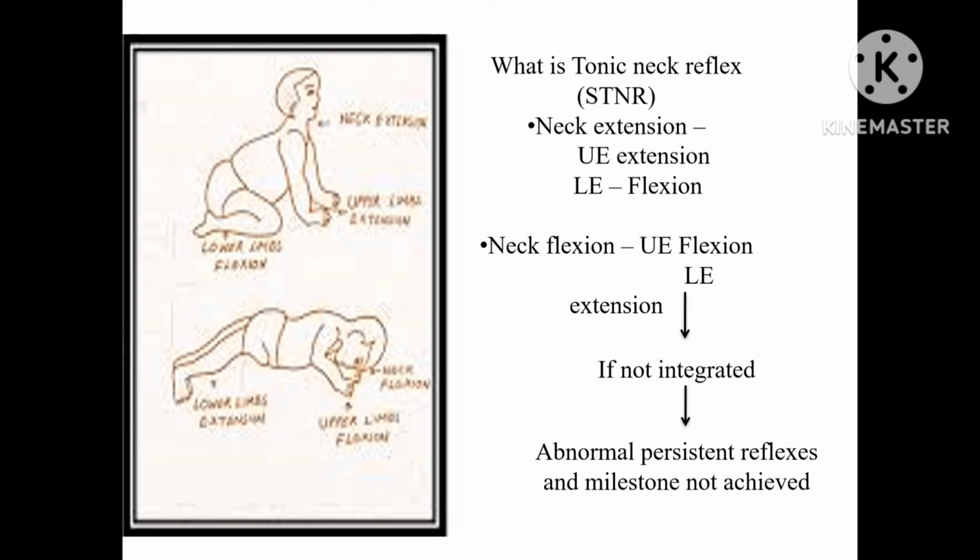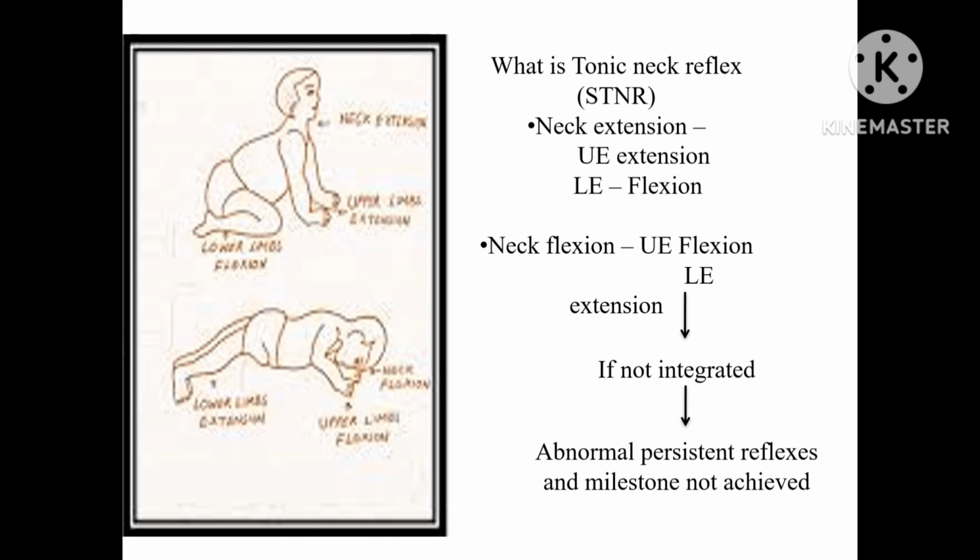Now these reflexes are to be achieved and integrated at a certain age. If they persist beyond that, there will be abnormality in development and milestones may not be achieved. If they are not integrated, then the reflexes persist and milestones are not achieved as per the given motor milestone range.